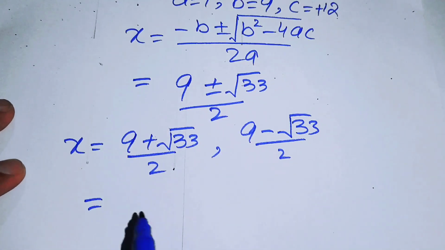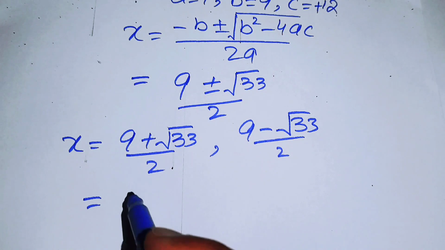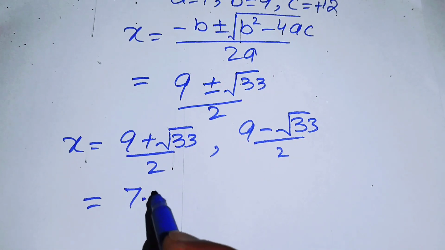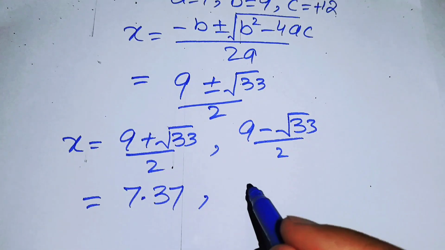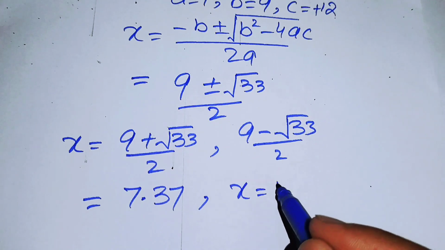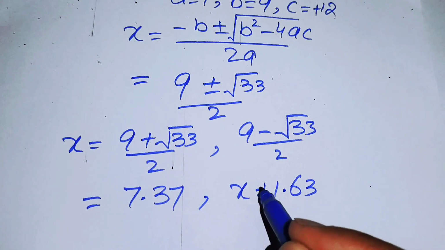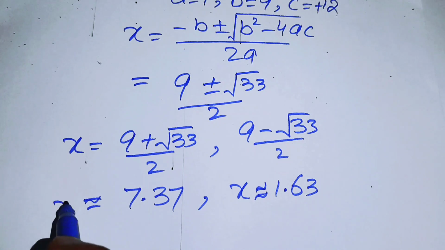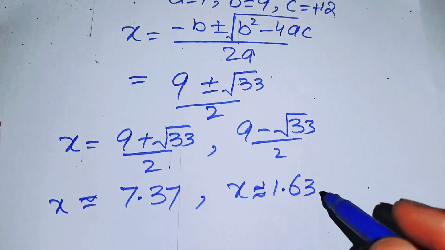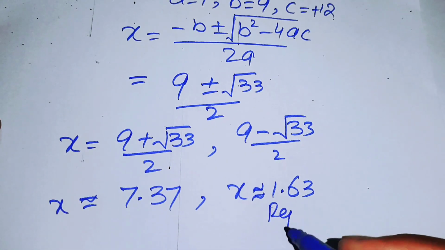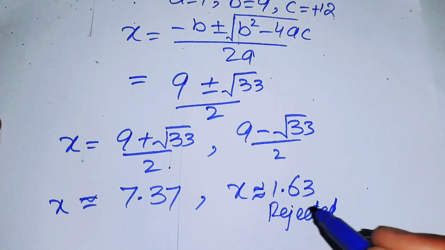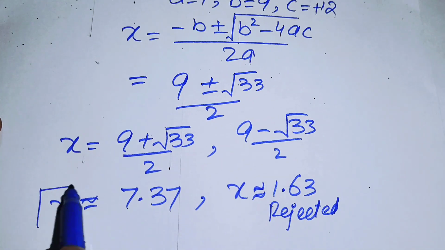By using the calculator you will easily find the value of this expression, which is 7.37, and the value of this expression is 1.63. These are approximate values. Here you see that this is the lower value, so we will reject this value, and we can just proceed with the larger value.